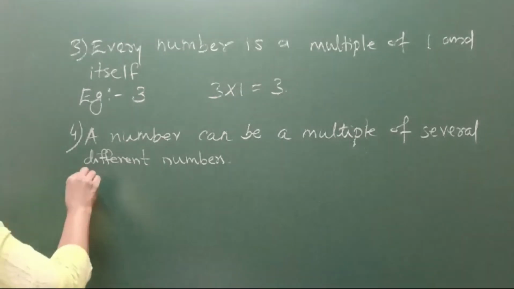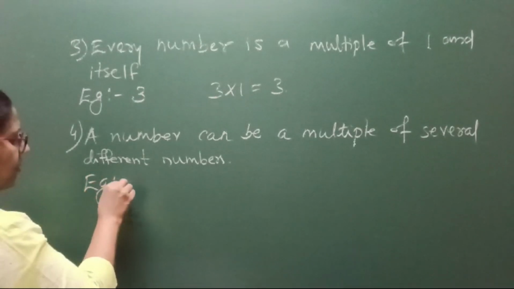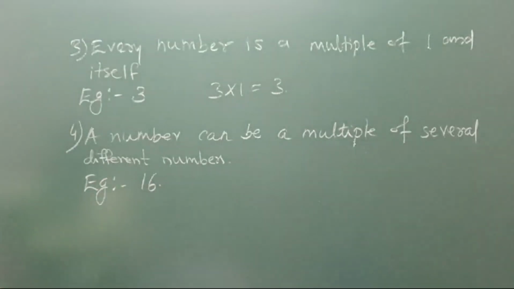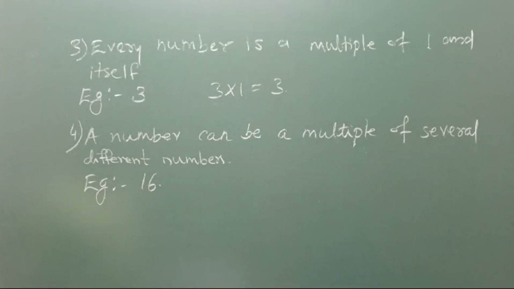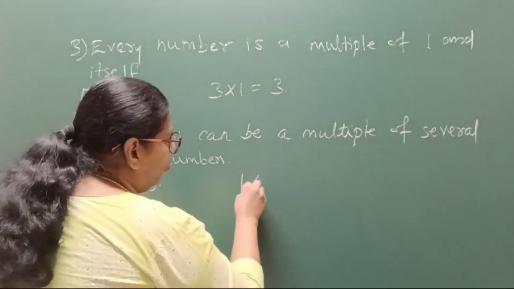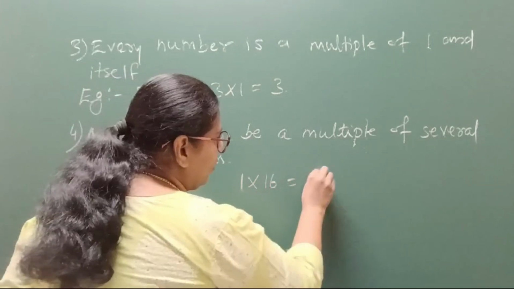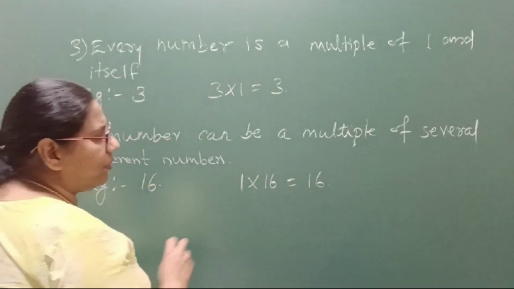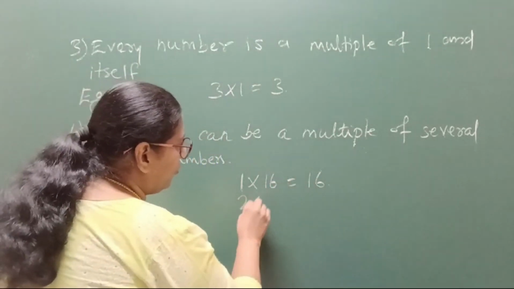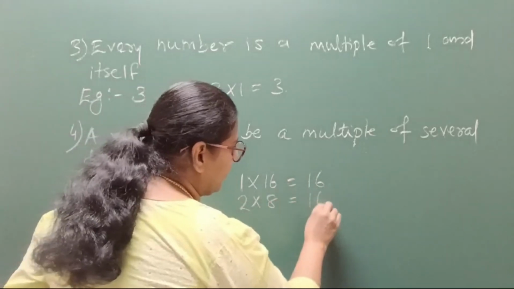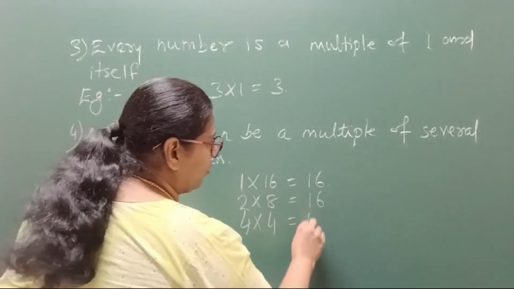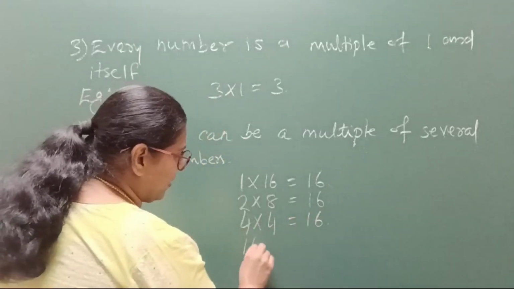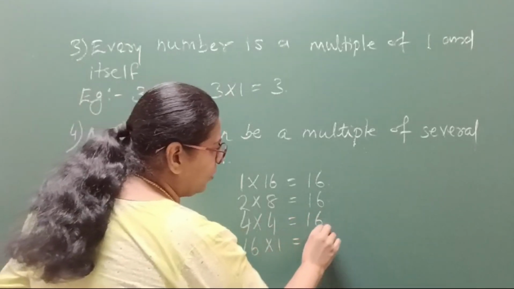Example. Let's take 16. 16 is a number. It can be a multiple of several different numbers. 1 into 16 is equal to 16. Then 2 into 8 is equal to 16. Then 4 into 4 is equal to 16. 16 into 1 is equal to 16.